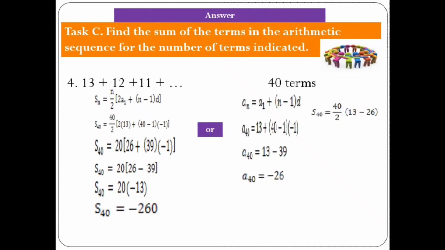Even if we use the other formula, which is S of n is equal to n over 2 times the quantity of the first term plus the last term, the sum of the given sequence is still negative 260. So, the choice of the formula that you will use is yours.